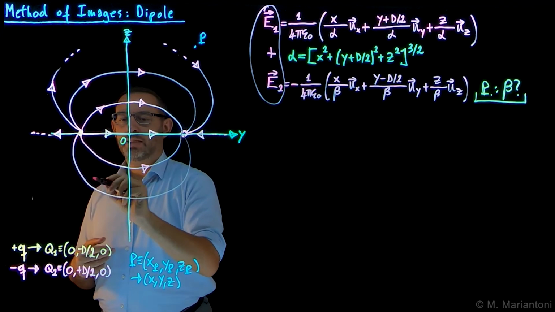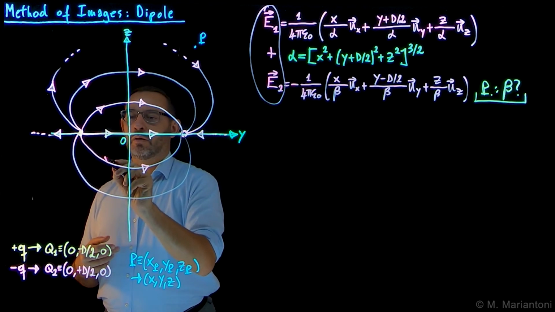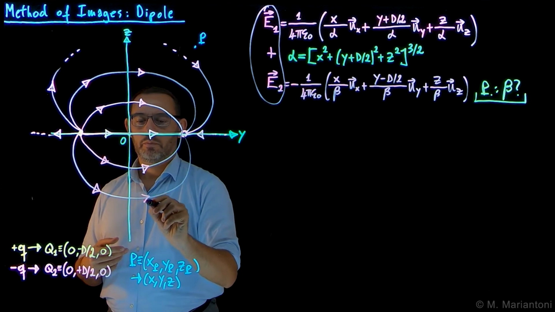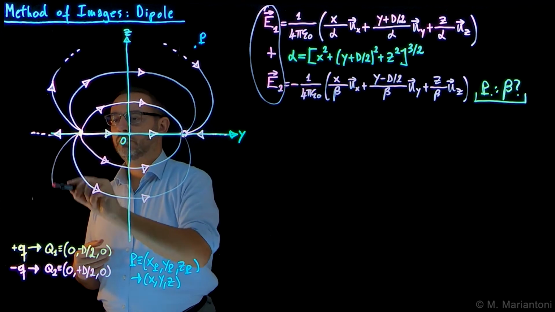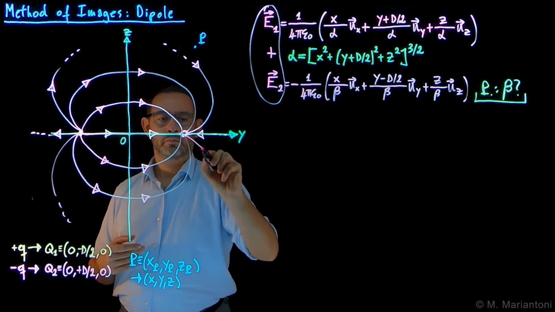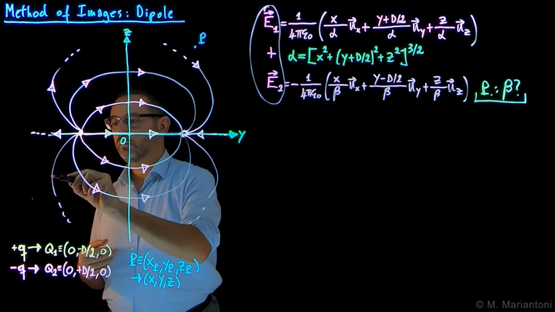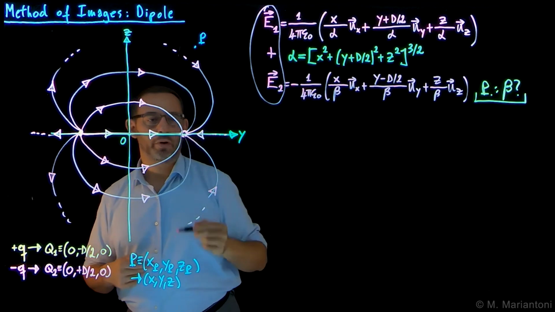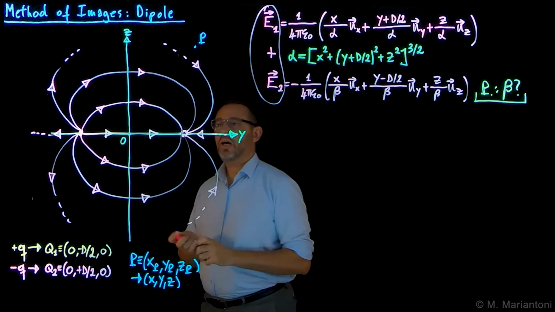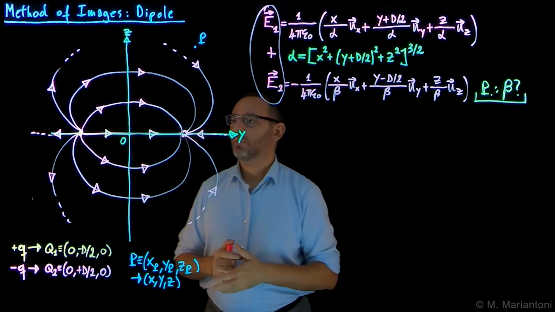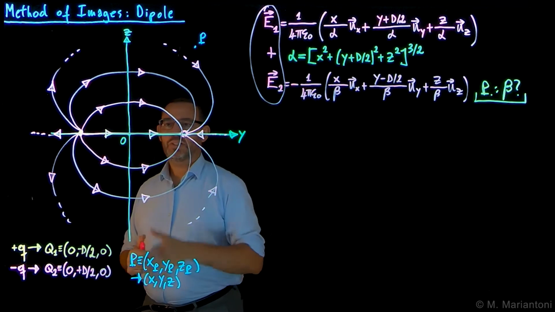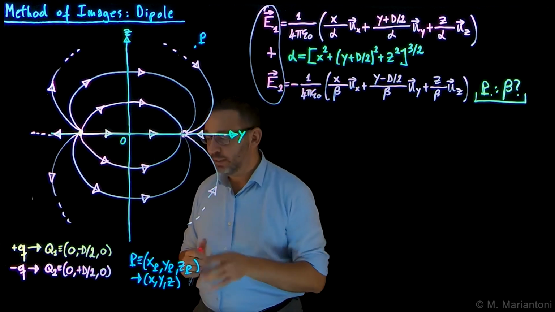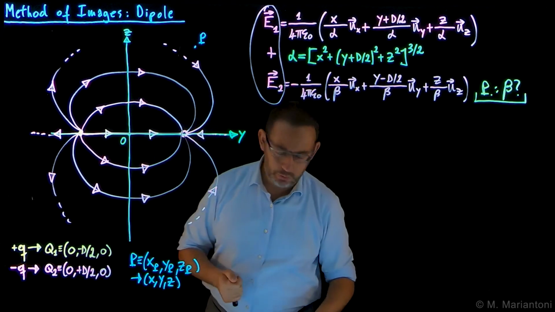It's very simple to plot these field lines. Okay, and so on. Great. So now we have the field lines. Of course, this is all a symmetric problem. So again, I urge you to plot it to convince yourself that these are the field lines for the electrostatic field associated with these two positive and negative charges, this dipole, okay?